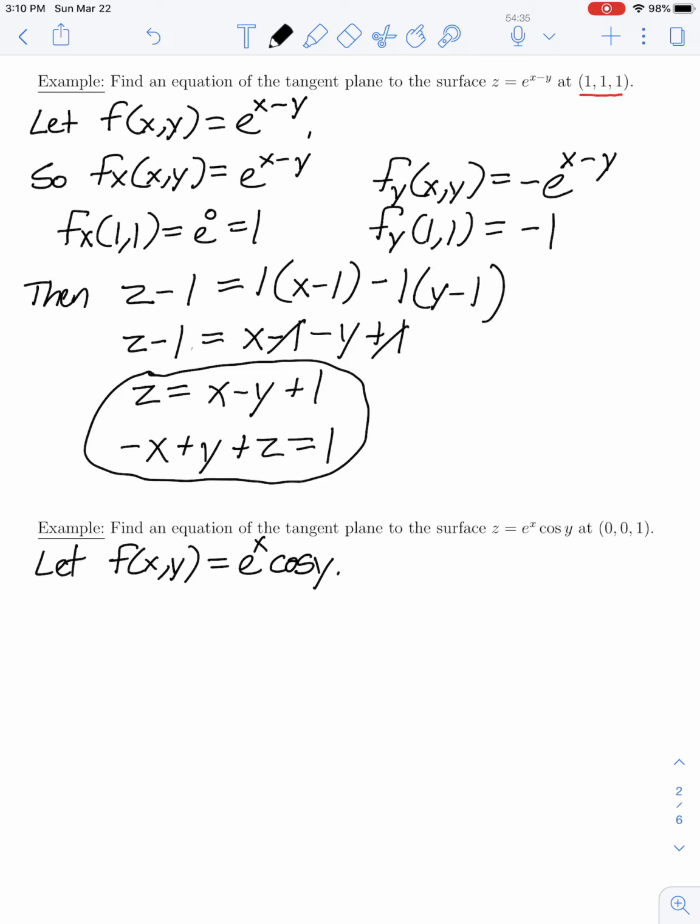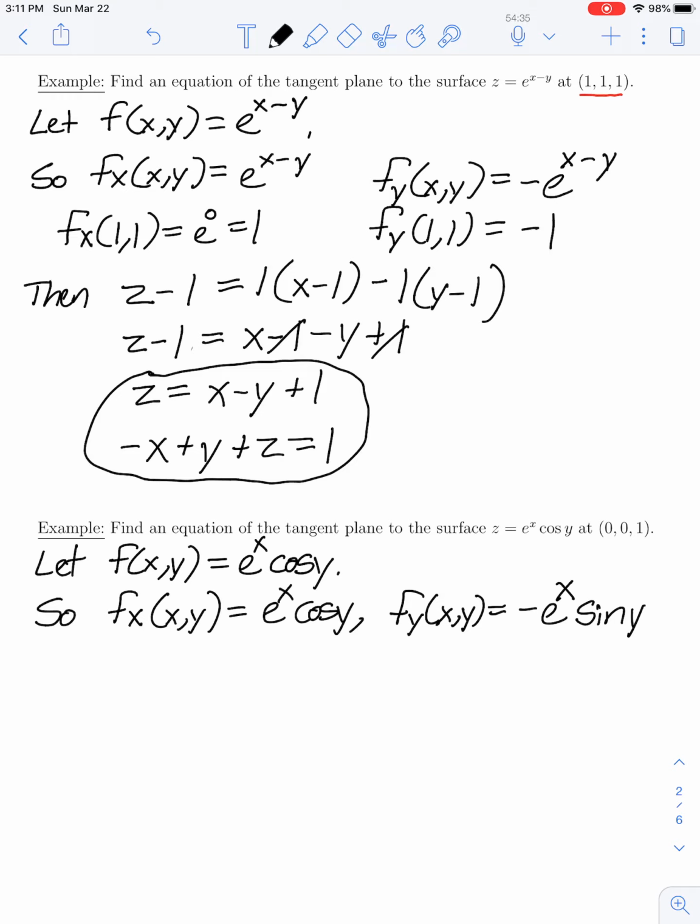And if we find our partial derivatives of this function, we find the partial derivative with respect to x is e to the x cosine y, and the partial derivative of f with respect to y is negative e to the x sine of y.